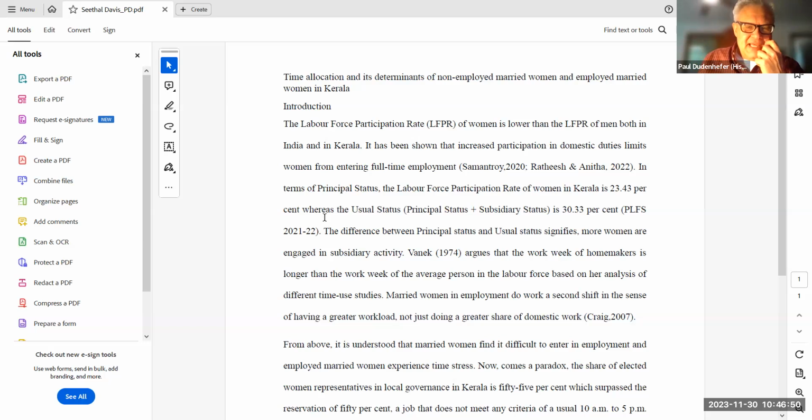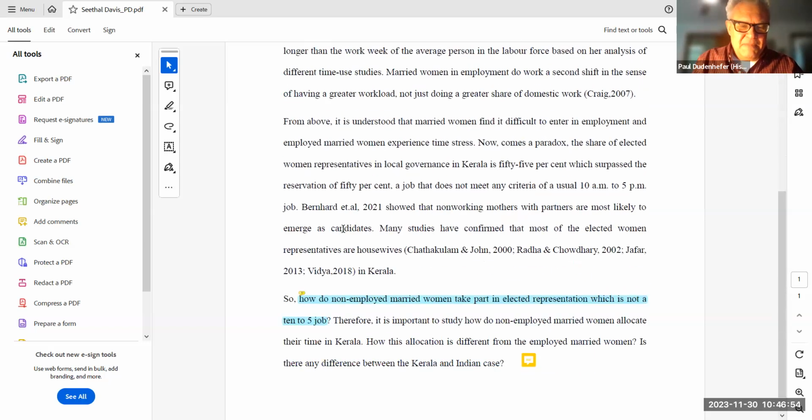What do you see as the kind of gap that you're trying to fill here? Yeah, maybe we've lost Seathal.